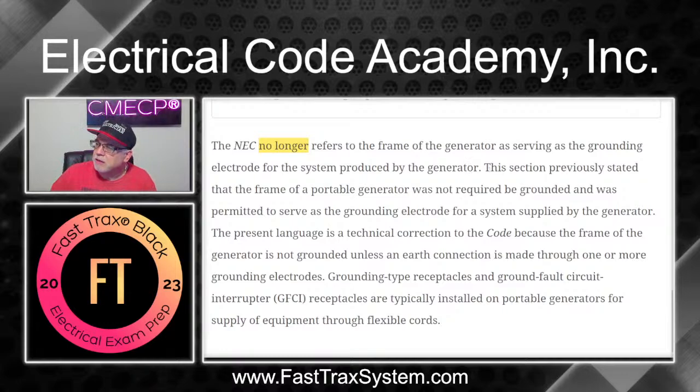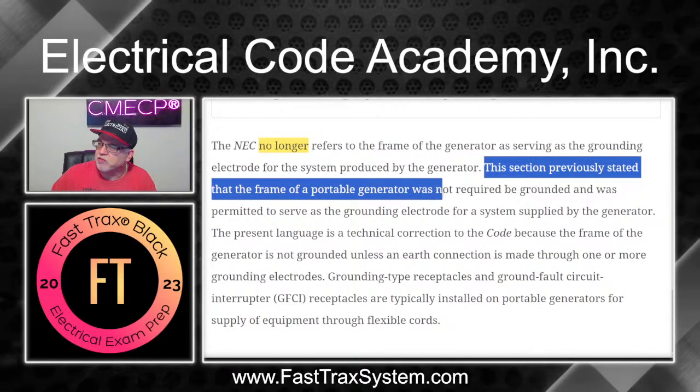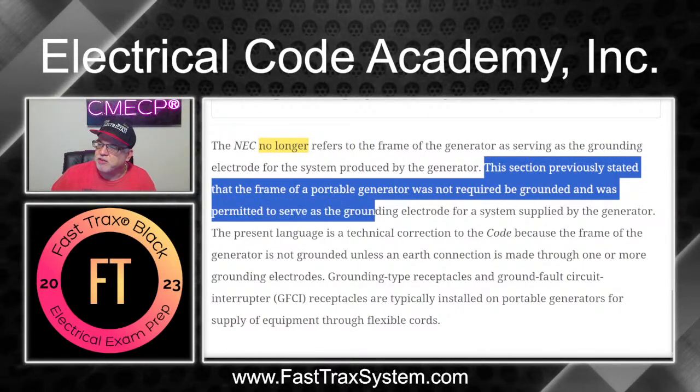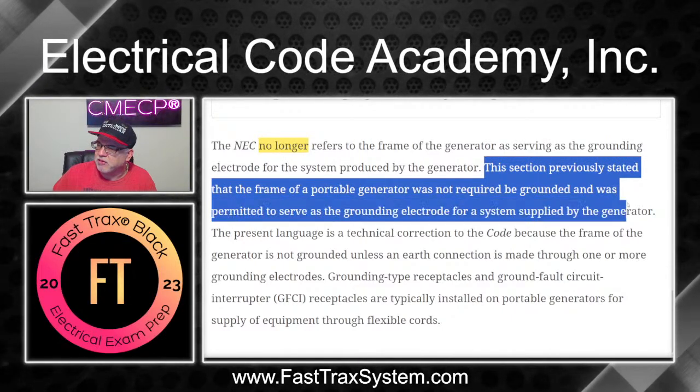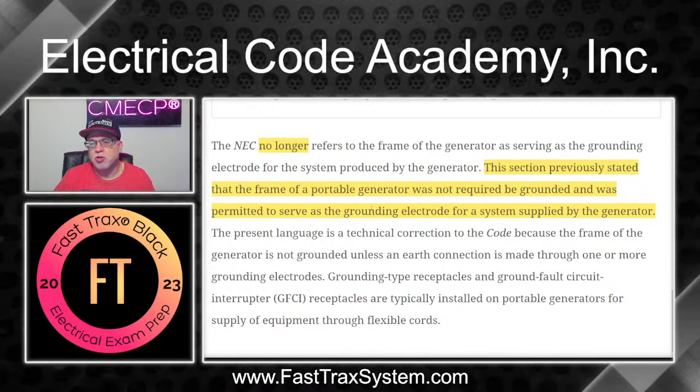It says, this section previously stated that the frame of a portable generator was not required to be grounded and was permitted to serve as the grounding electrode for the system supplied by the generator. That is not technically correct, because it's just the metal frame that has to be bonded to the neutral point.